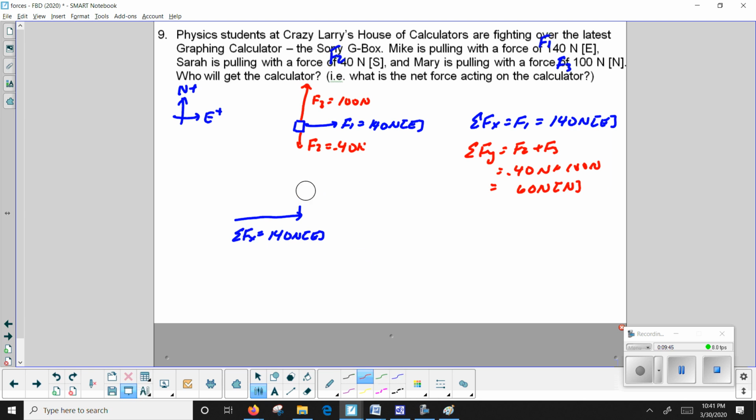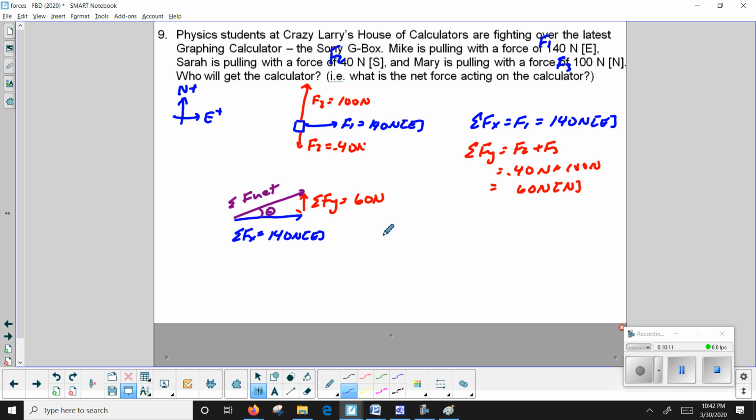Now my value in the y is going to be 60 newtons. And what I want to determine is, what is this value over here? So what's the angle, and what is the overall sum of these two vectors together?